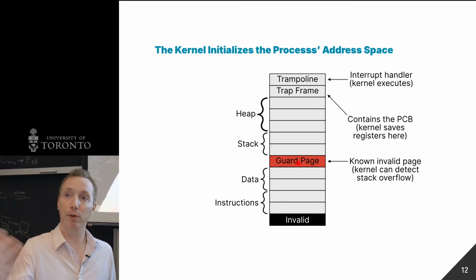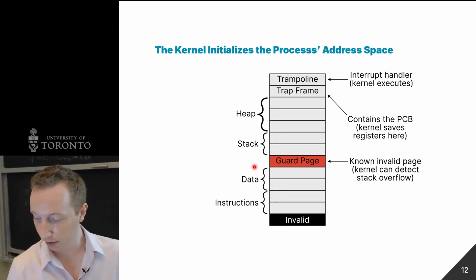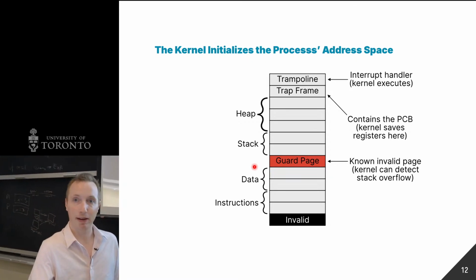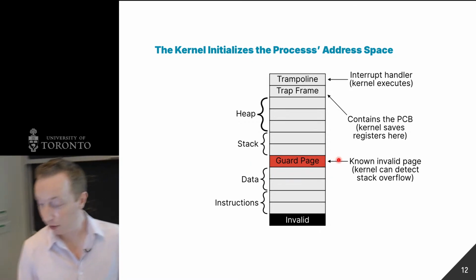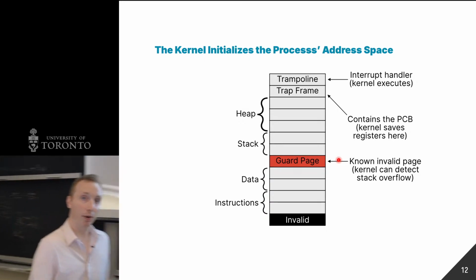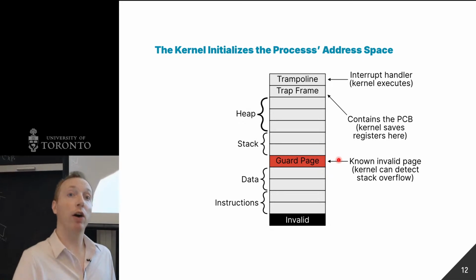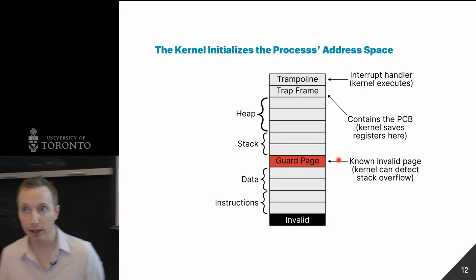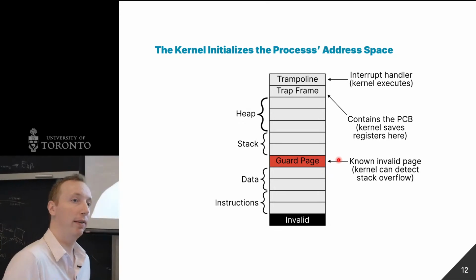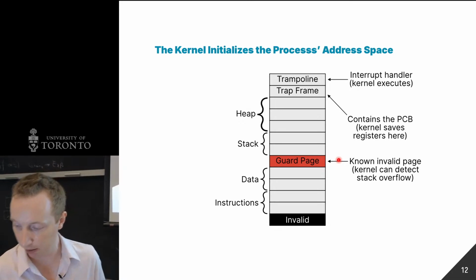So if you overfill your stack, instead of just getting a seg fault, which doesn't help you at all, it's a known page, so if it sees a page fault on this page, it knows it is likely you have overfilled your stack, so you'll get a stack overflow error instead of a page fault.